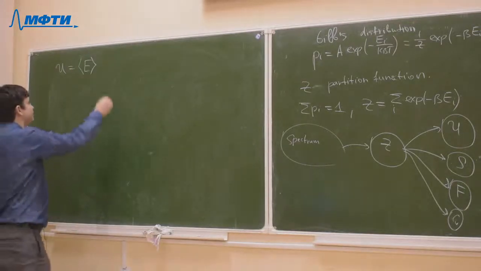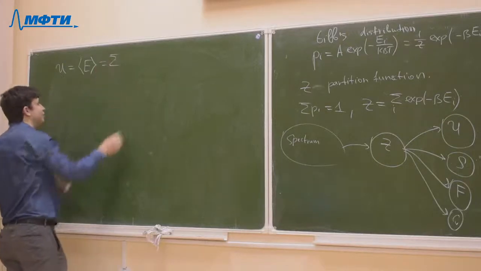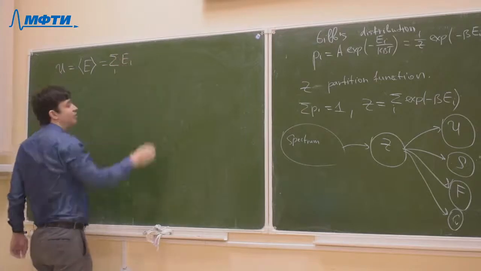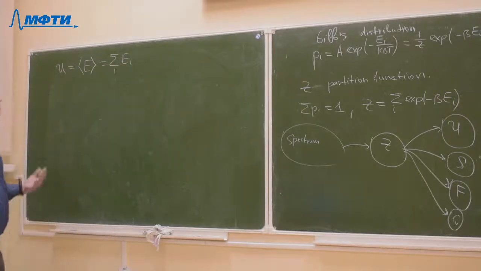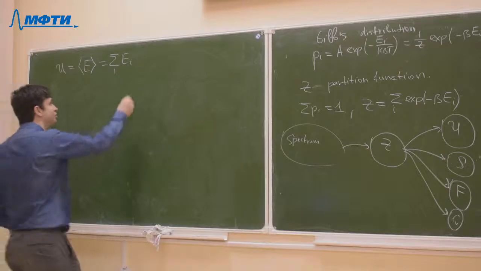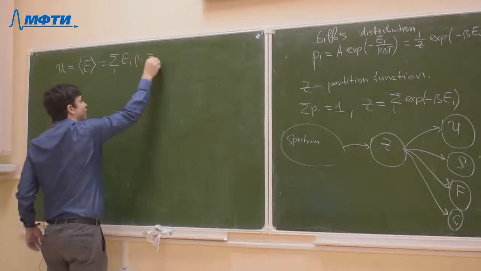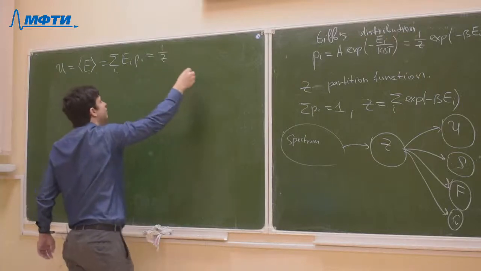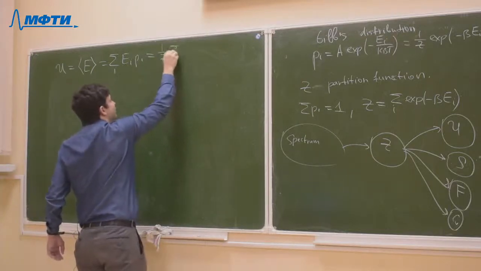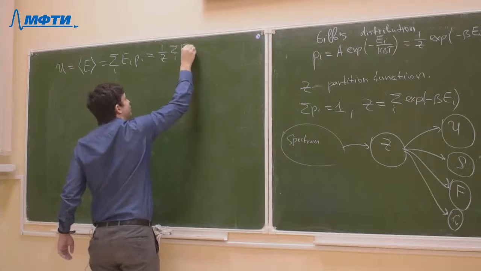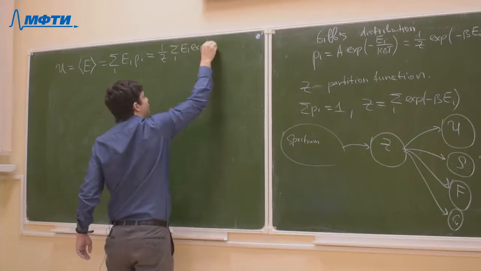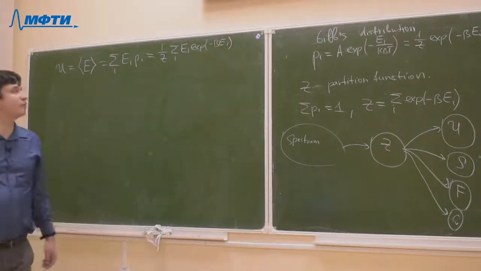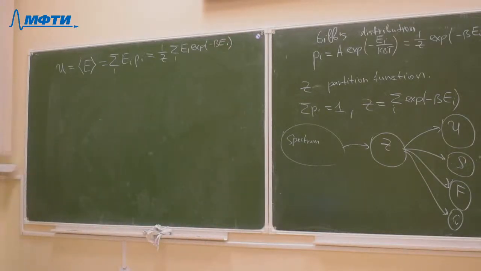So I can write that internal energy, again by definition of average, is a sum of E_i multiplied by the probability of this energy state to be occupied, p_i, and that gives me 1 over Z multiplied by the sum of E_i multiplied by exponent of minus beta E_i. So this is the internal energy.